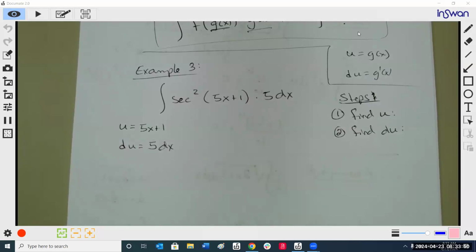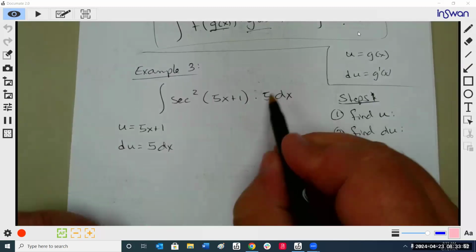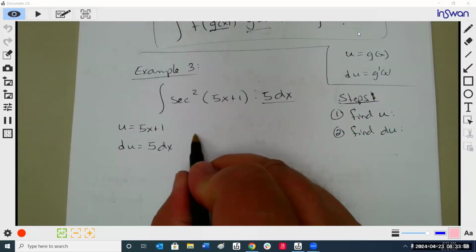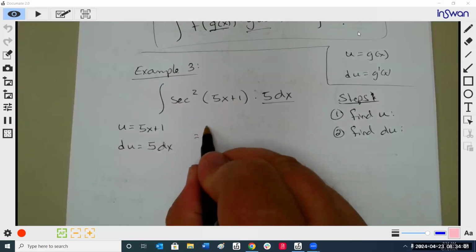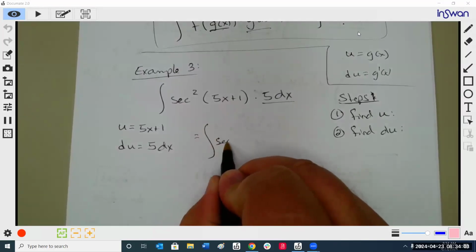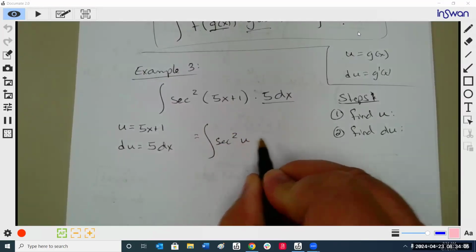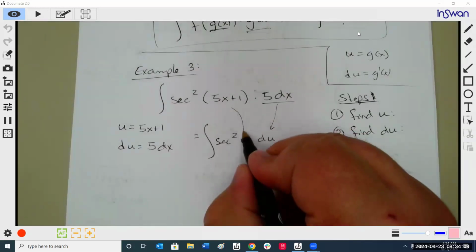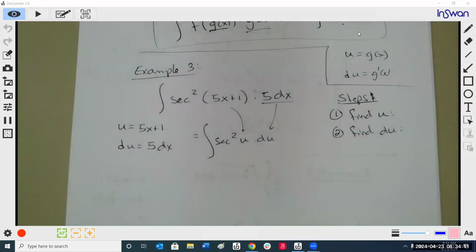What's that? Which, yeah, which is surprise, surprise. So what we can have now is now substituted in there. So we have secant squared u du. Once we can do this, it's much easier.